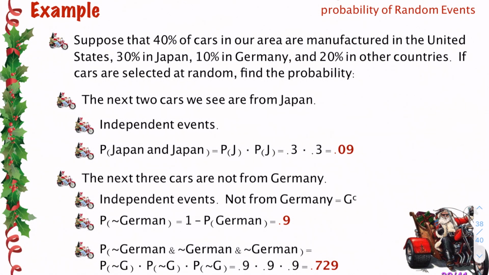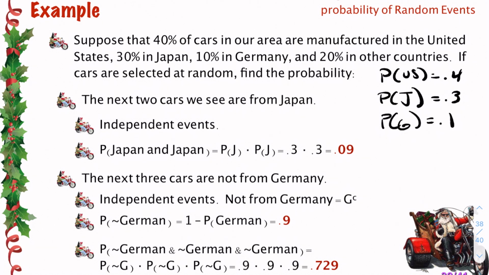Same setup. We have our probability of US is 0.4, probability of Japan is 0.3, probability of Germany is 0.1, probability of other is 0.2. What's the probability the next two cars you see are from Japan?